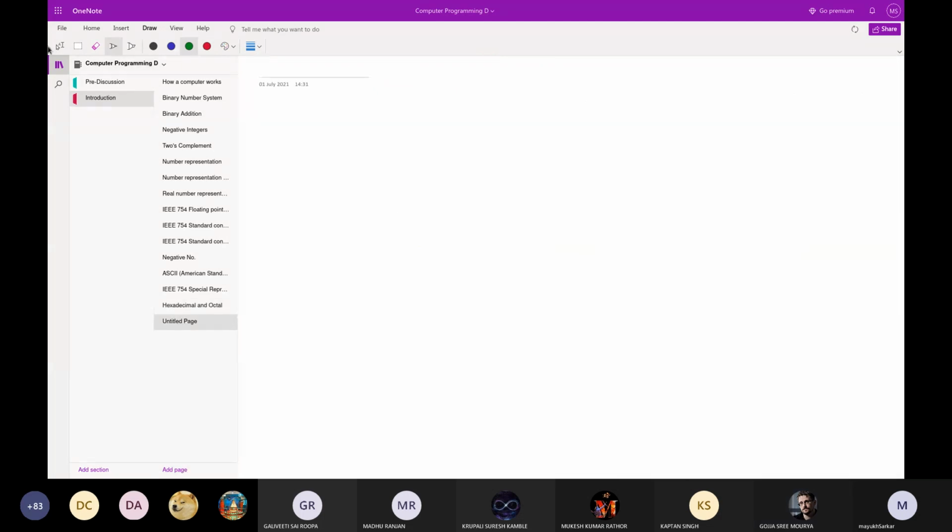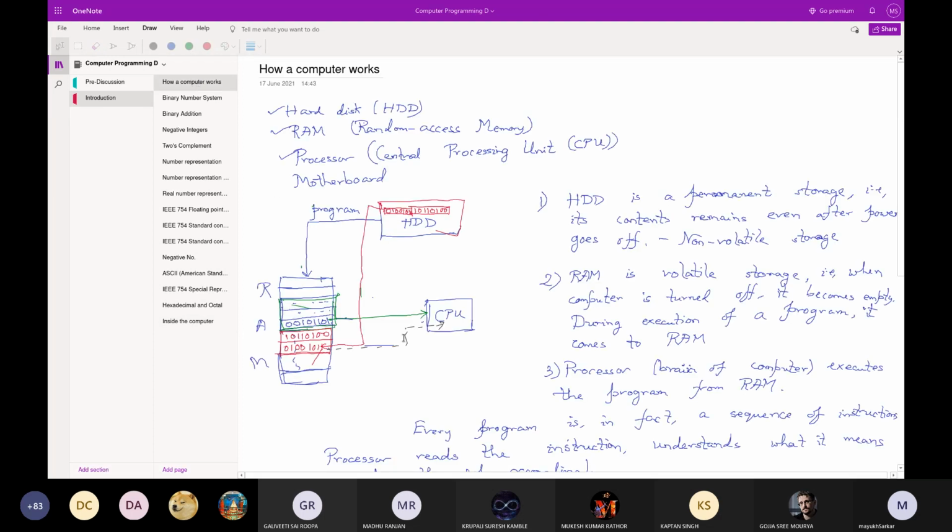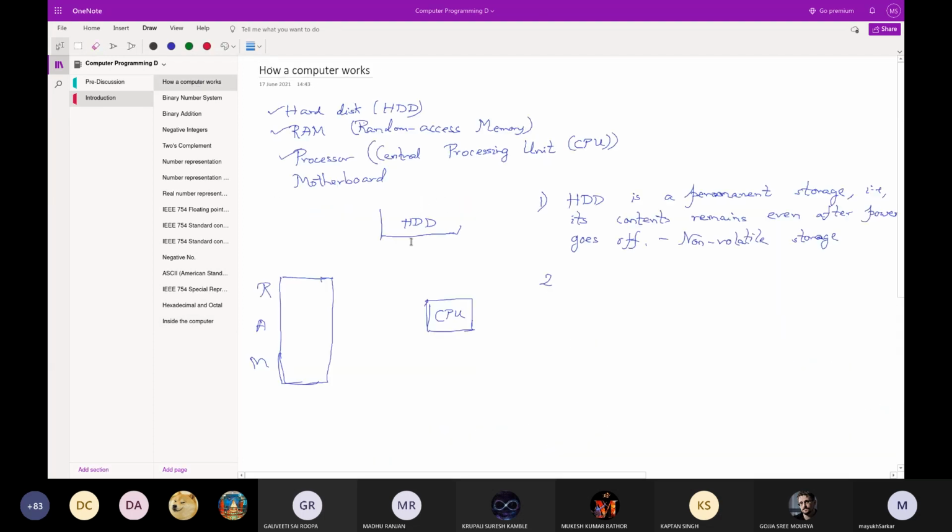So let me start the next topic: inside the computer. What is inside the computer? Initially, on the very first class, we just looked into a brief overview that there are RAM, processor, hard disk, and so on.